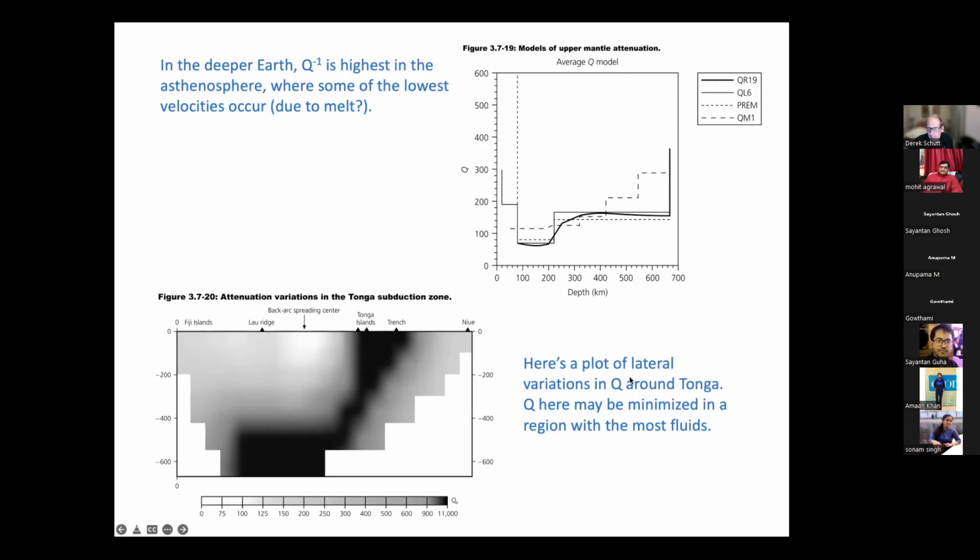Q is actually very hard to measure. But in this area here, we see very low Q, and that may be due to fluids. We have a plate subducting going down here, and it's very high Q, and it's releasing fluids which are coming up here at this back arc spreading center.